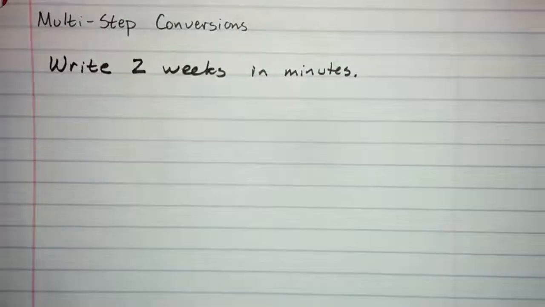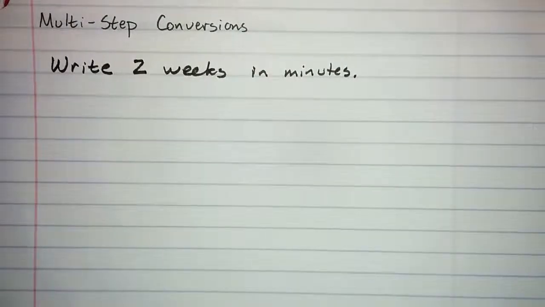Sometimes we don't have a direct conversion factor from one unit to another. Let's suppose, for example, that for some reason we wanted to write 2 weeks in minutes. Now, I don't know how many minutes there are in a week.